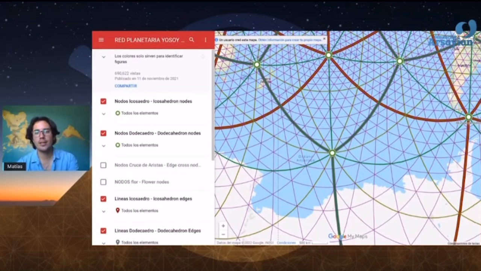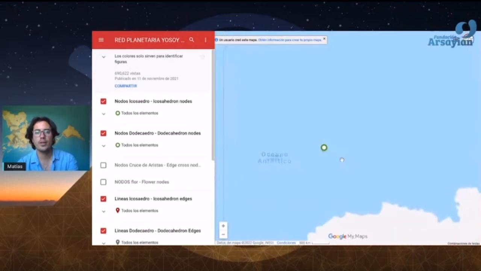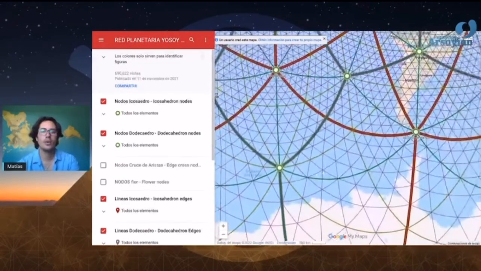And it's in the Antarctic Ocean, and it's called Ross Sea. Okay, so there's nothing there in the Ross Sea.